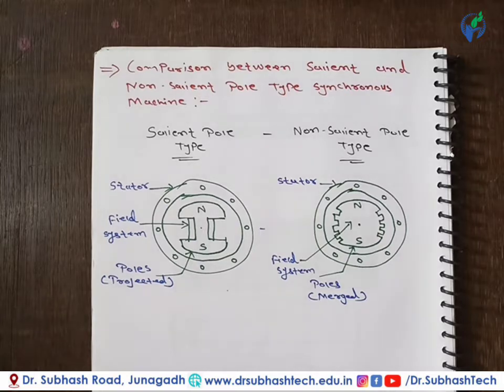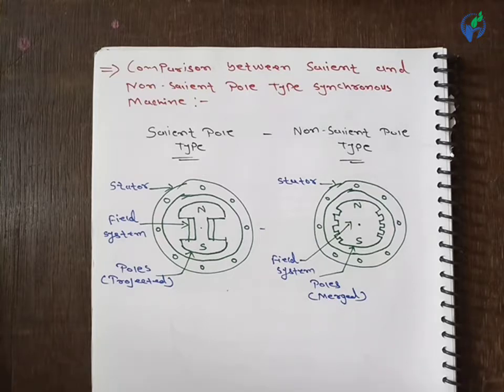In this video lecture, we start with the comparison between salient pole type and non-salient pole type synchronous machines. The salient pole type machine is generally divided into stator and rotor parts, and the non-salient pole type also has a stator and rotor.